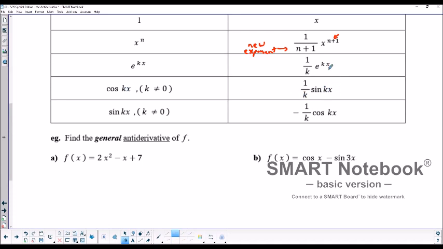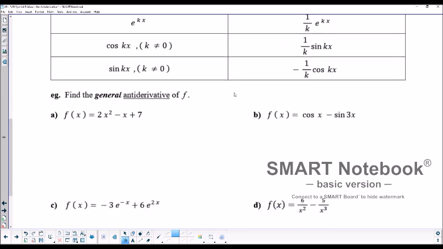Okay, and these are just simple ones where we have a linear function in the exponent for the exponential function or the trigonometric functions. That's why we just got 1 over k. It gets a little bit more complicated when we have other functions like quadratic or cubic or whatnot. So these will work for just regular linear functions that are in the exponents or in the angles of those trigonometric functions.